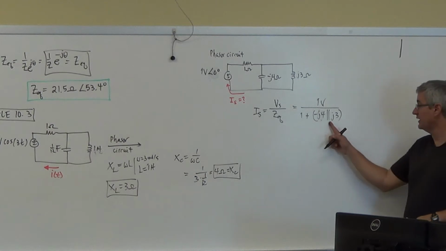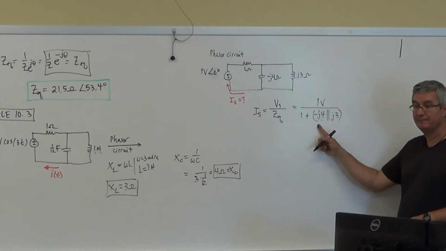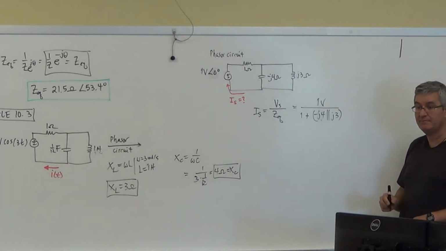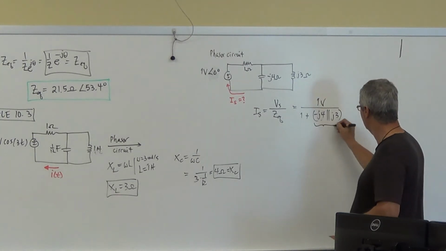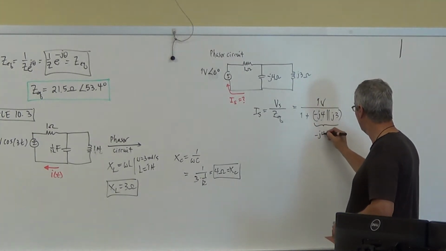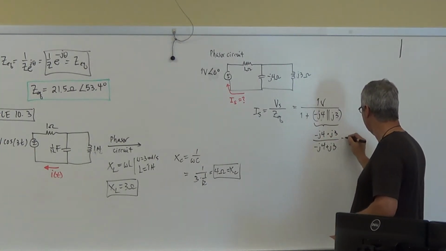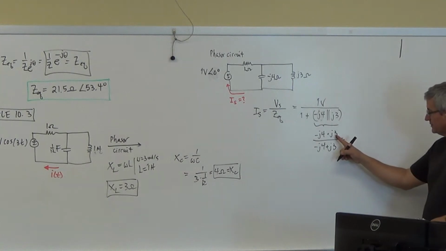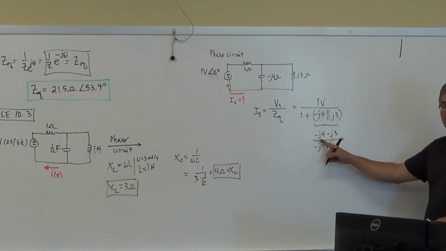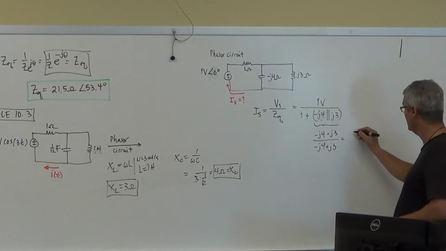So what I'm going to do here is clean this up. This will be minus J4 times J3 over minus J4 plus J3. You can see that the J and minus J cancel out, right? That gives me 1. So I get 12.